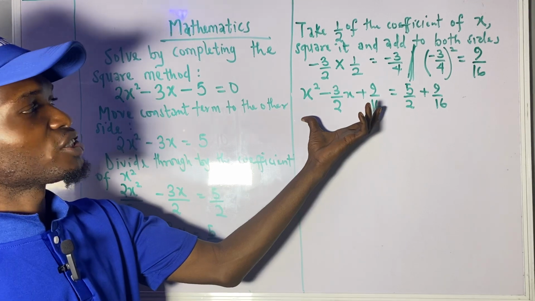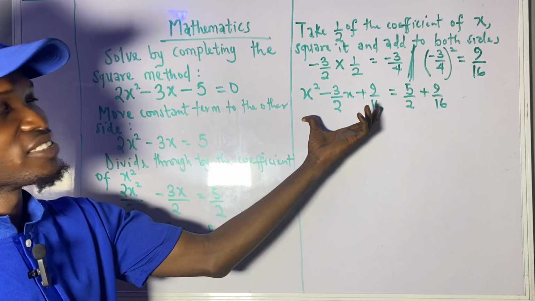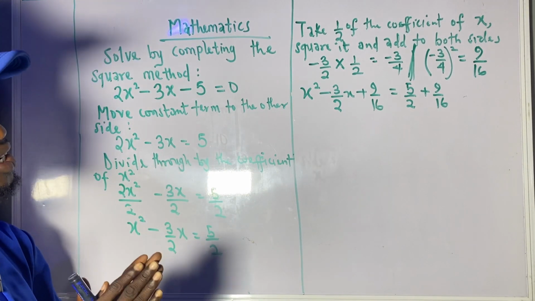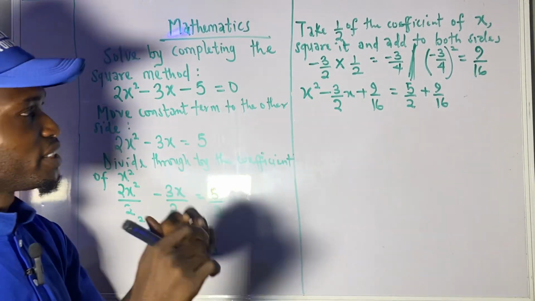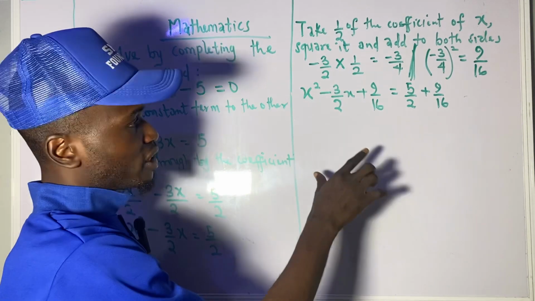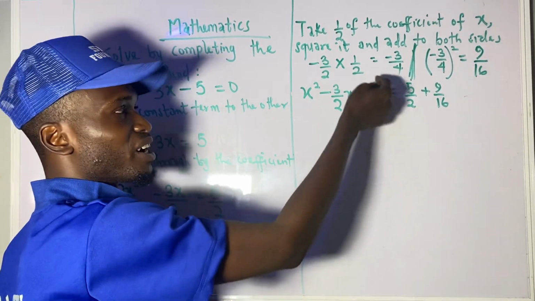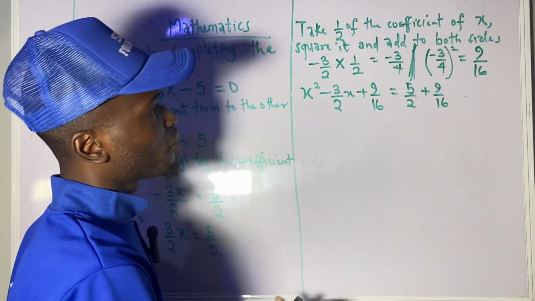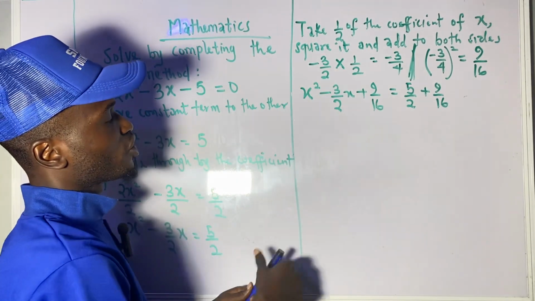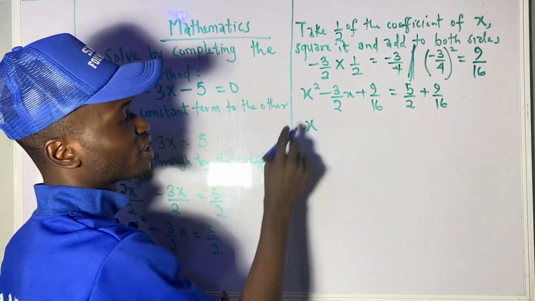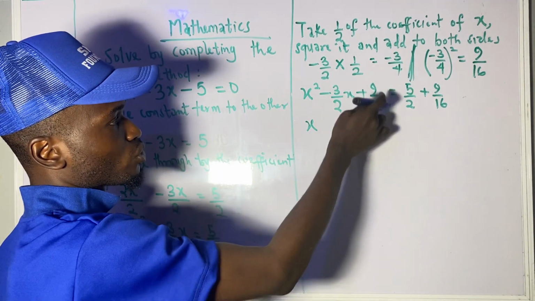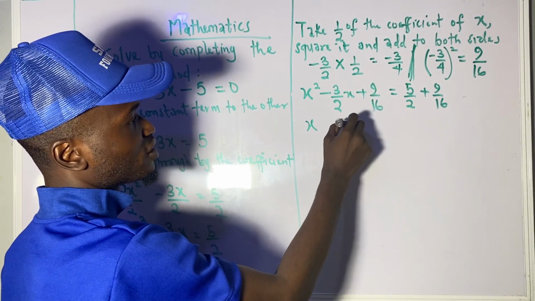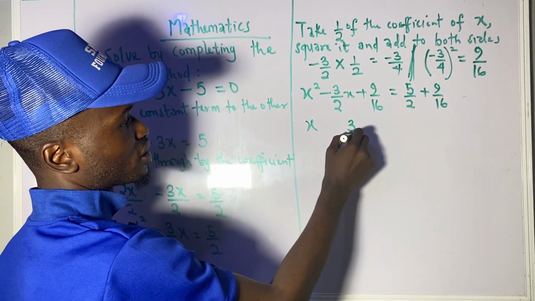Now, this expression on the LHS, the left-hand side, is a perfect square. There is an expression that expands to give us this. That expression will be known by what I'm about to do. Take the square root of x squared, you have ordinary x. Take the square root of 9 over 16. The square root of 9 is 3, and the square root of 16 is 4.